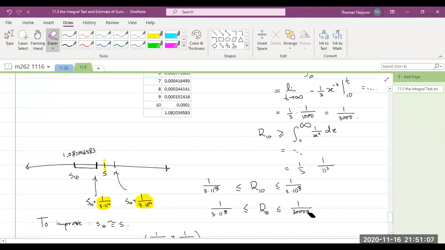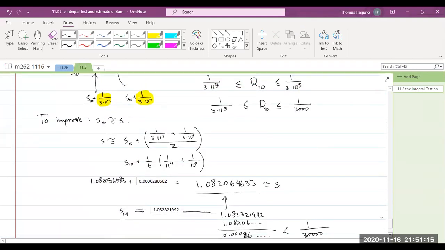This has too many zeros. That's why I made a mistake here too. So this number is incorrect.